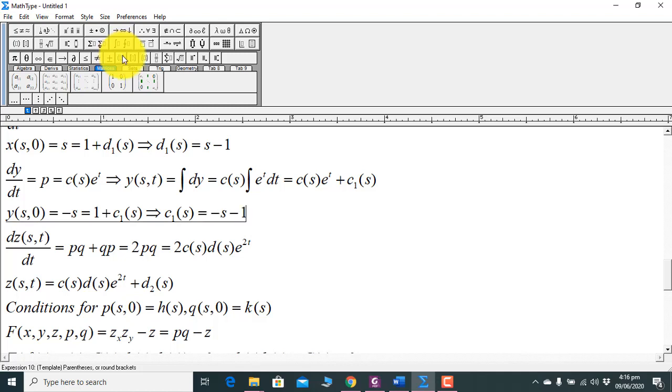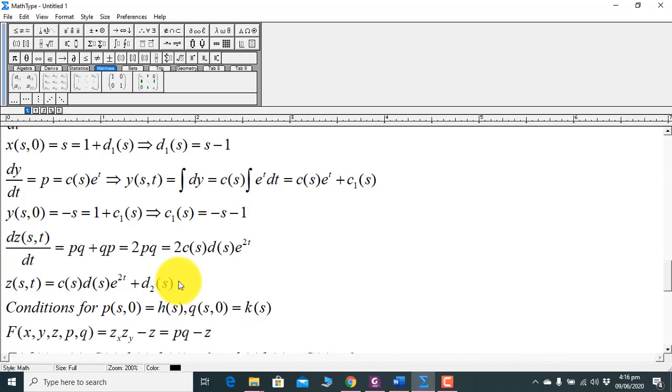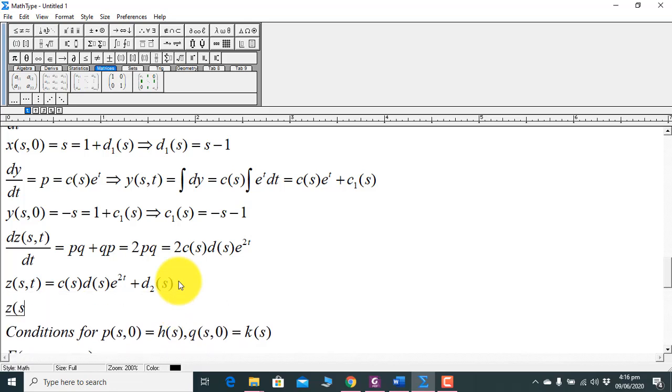So two quantities are calculated. In z you are having c, d and d2. If you put the value of c, this was 1, put the value of d, this was minus 1. So z of s comma 0, the answer is 1 because that condition has name capital G, which is 1. But on the right hand side you have c1, d1, because c and d are conditions for p and q, which we have in case 1 equal to 1.